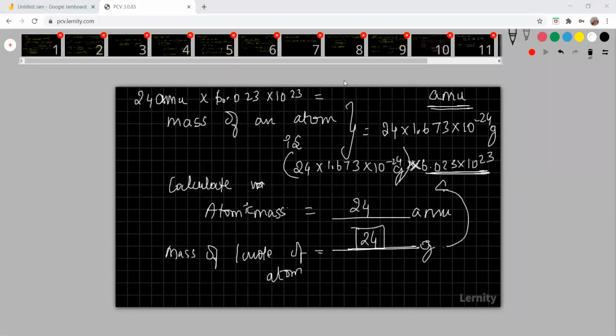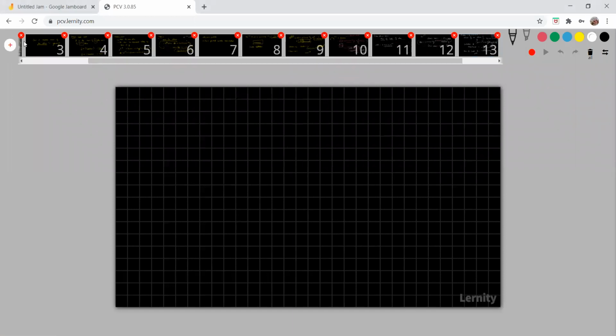Good. So most of you have given the answers. Now, we understood the definition of mass of one atom and 1 mole of atoms, correct? Similarly, you can also calculate the mass of one molecule. For that, first we should remember the atomic mass of a few atoms. Clear?